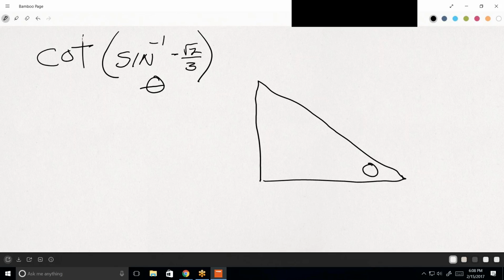Now, let's ignore the negative sign for just a second. Dimension my triangle. The hypotenuse is 3, and the side opposite of theta is root 2.